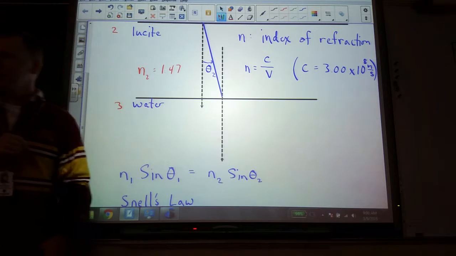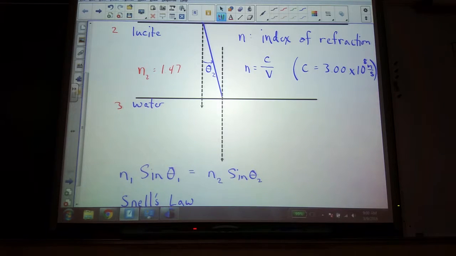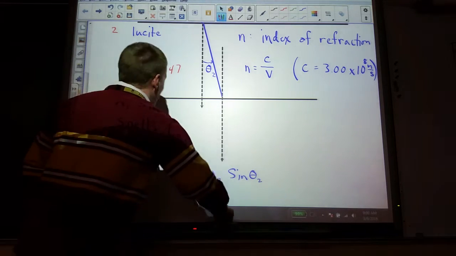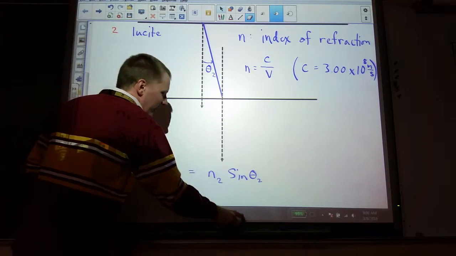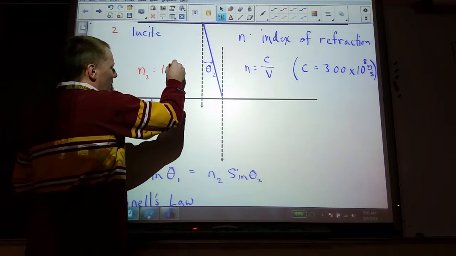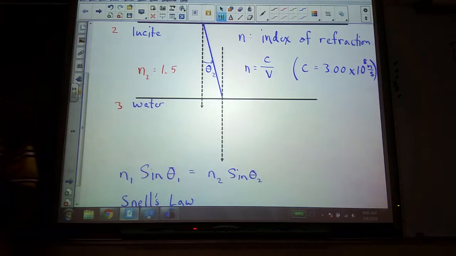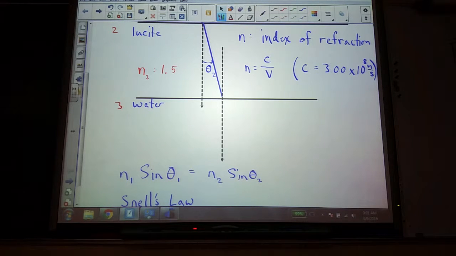Can anyone confirm that? We got about 1.55. 1.5, so right around in there. Let's make it easy and just call it 1.5. We could look up a really well agreed upon value, but for our purposes 1.5 is pretty close.